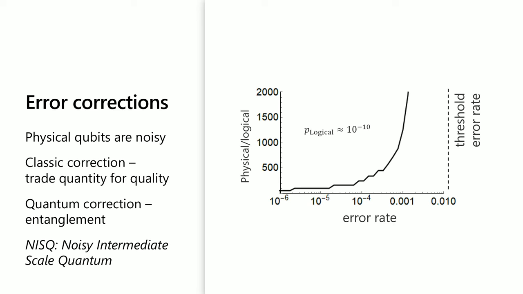If you have error rates that are farther to the left, you start to get down into the 50 to 100 range. So the qubits that you see people using, including Google and IBM, they're called noisy intermediate scale quantum qubits, NISQ. And they're called that because they've got very high error rates. They need a tremendous amount of error correction, hundreds of physical qubits to create a logical qubit.